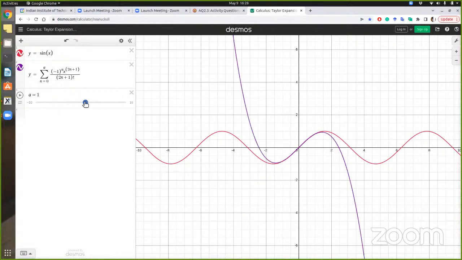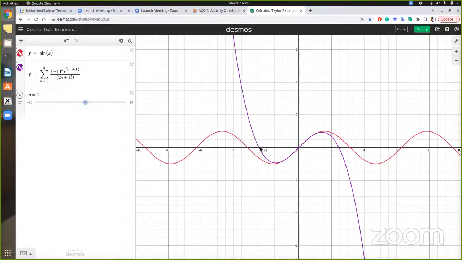So let's say you increase the degree of approximation. So a equal to 1. When you put it here, this will be a third degree approximation. You can see that from x equal to -1 to x equal to 1, you are getting the precise value of the function using this approximation.